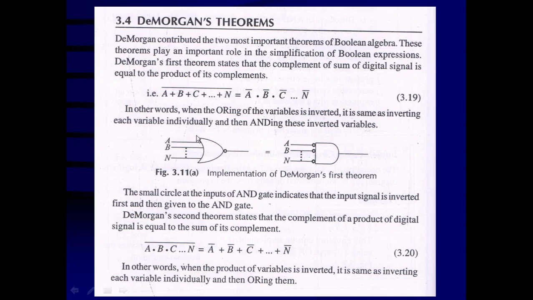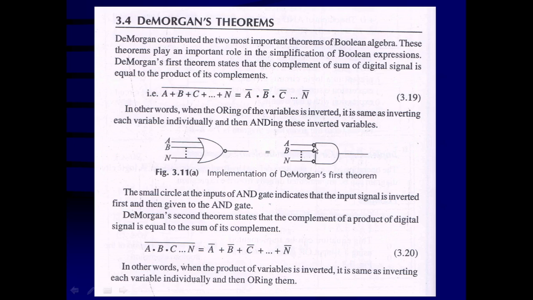That means we have an OR gate with inputs A, B, C, etc., N, which is inverted, so the complement of the sum of the variables is equal to the product of its complements. That means each variable is complemented.